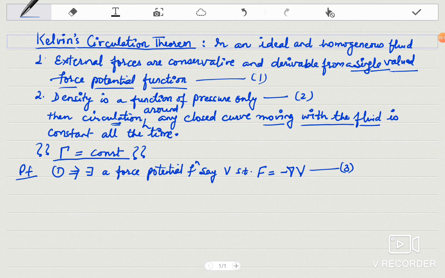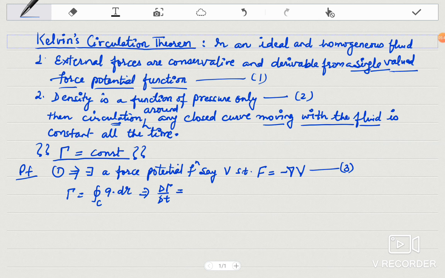And then circulation is defined as the integral of q dot dr. It is a line integral around the closed circuit C. Now this implies d gamma dt. It is the material rate of change of gamma, because we have to prove the constancy of gamma with respect to time as well as with respect to space.